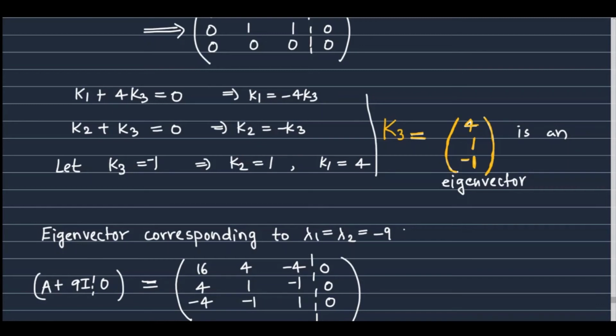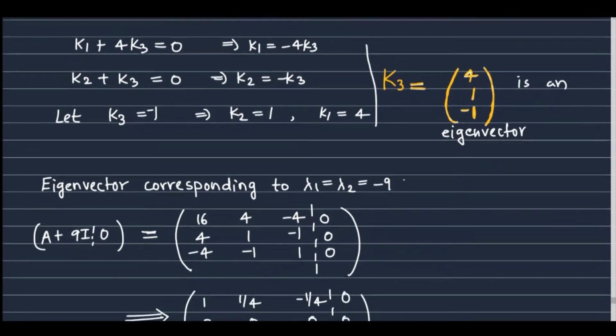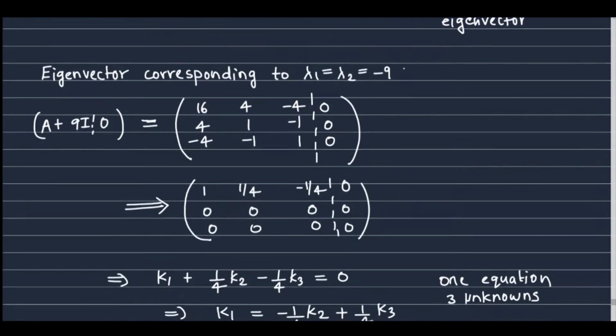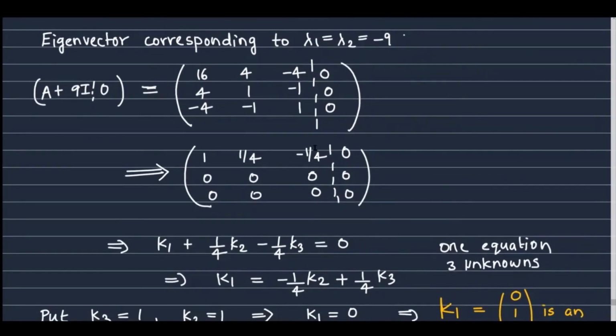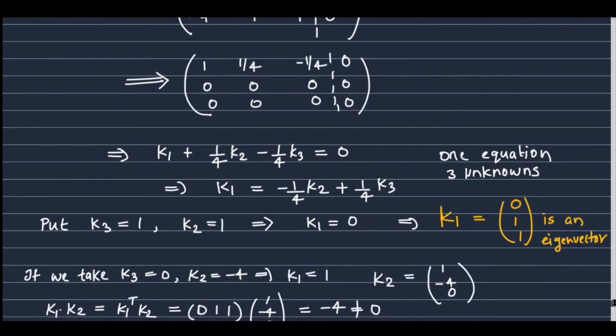Now we have to find the eigenvectors corresponding to the repeated eigenvalue minus 9. If we proceed by the usual method, by elementary row operation we see that k1 is minus 1 by 4 k2 plus 1 by 4 k3.